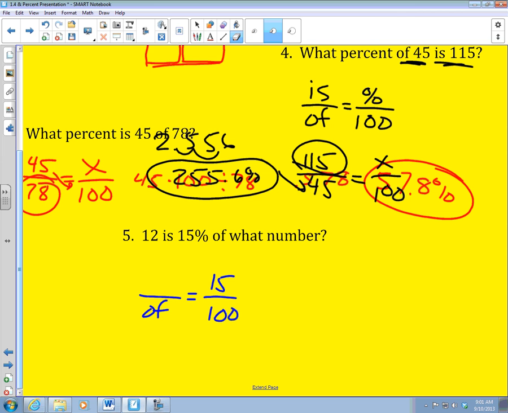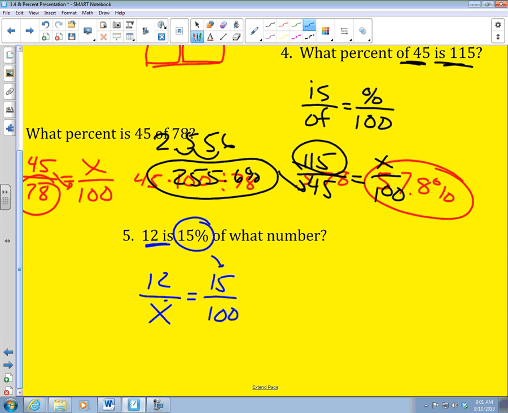Is actually 12, so I'm going to put 12 in here. Of is actually, we don't know what of is. We know the percent because it has a percent symbol, so that's 15. That's why it goes right there. 12 is connected to is, so that's going to be my part. I'll plug X in here.